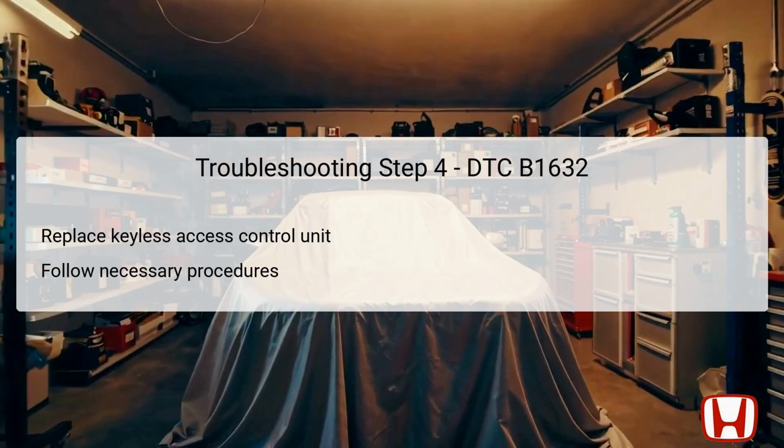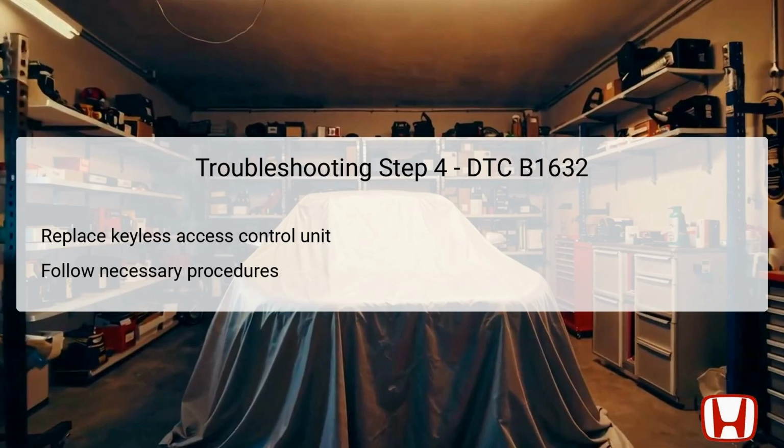If DTC B1632 is indeed indicated in the HDS, the immediate action is to replace the keyless access control unit. This unit may have developed internal faults that prevent it from functioning correctly, leading to the motor control signal issues.